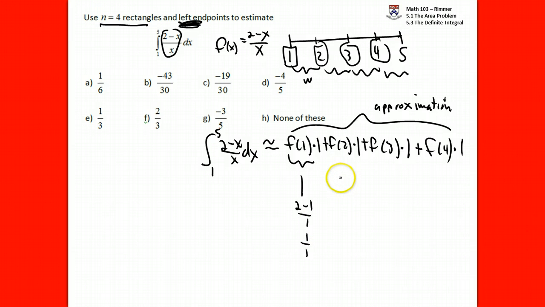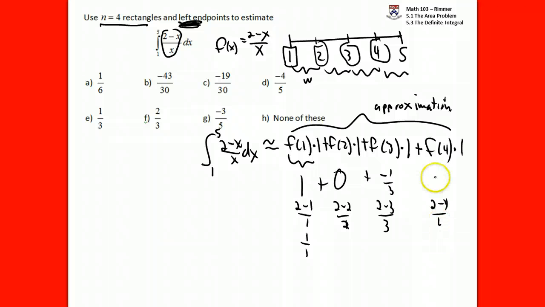Okay, how about 2 minus 2 over 2? Okay, good. How about 2 minus 3 over 3? Negative 1/3. Okay, finally 2 minus 4 over 4. Negative 1/2. Wonderful.